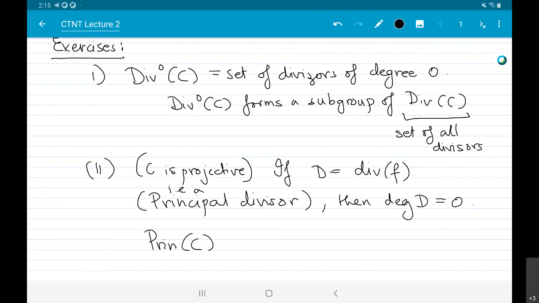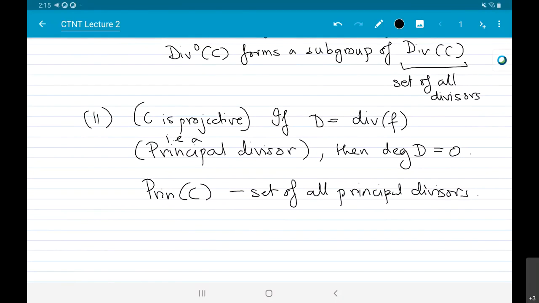So this exercise would show that Prin C, which is the set of all principal divisors, things coming from rational functions, is a subgroup of the set of degree 0 divisors.